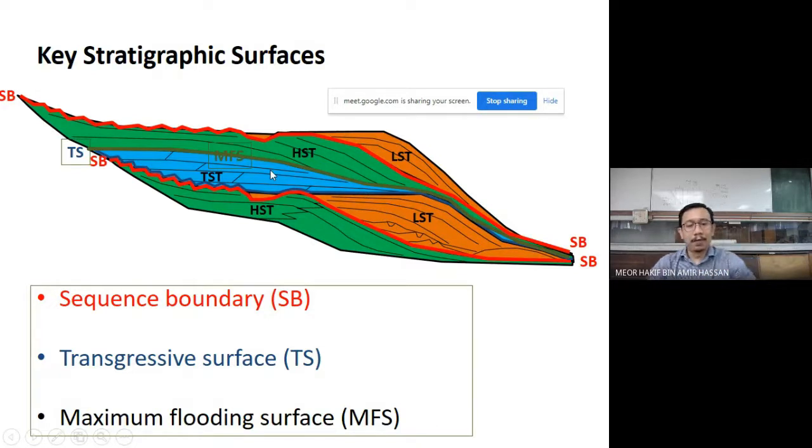And then you have a green MFS here. You can trace it throughout the whole package of sediments here. And it marks the boundary between the TST and the HST. So let's look at these different key stratigraphic surfaces in more detail.